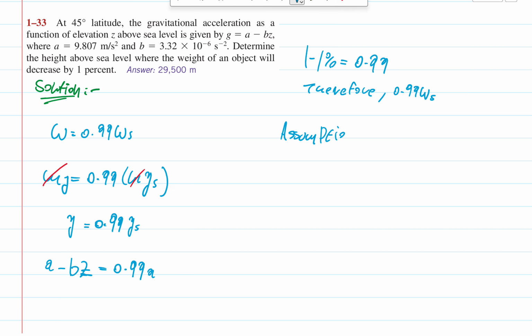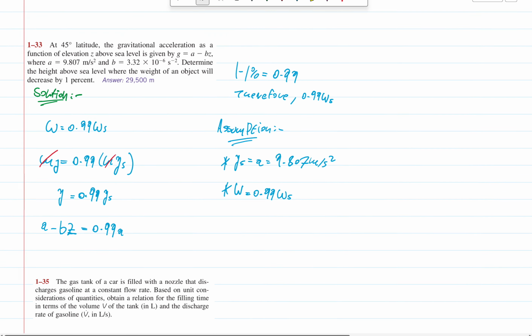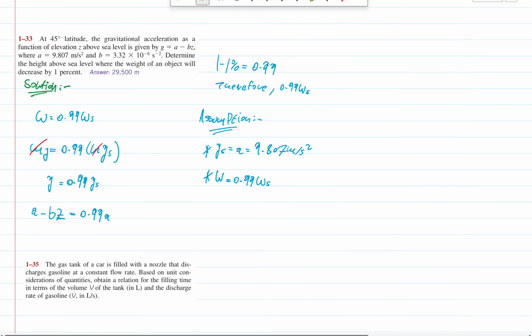Our assumption is that the gravity at sea level is equal to A, which is 9.807 meters per second squared. And our second assumption is that the weight is equal to 0.99 weight at sea level. That's our assumption. All right. We'll just put that on the side.